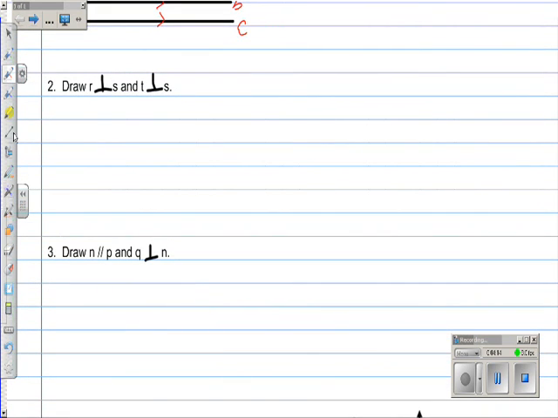From here, we want to draw line R perpendicular to line S, and I'll label those R and S. Now, we want to draw T also perpendicular to S. We knew R and S are perpendicular, T and S are perpendicular, so you can see that those are corresponding angles and they're congruent.